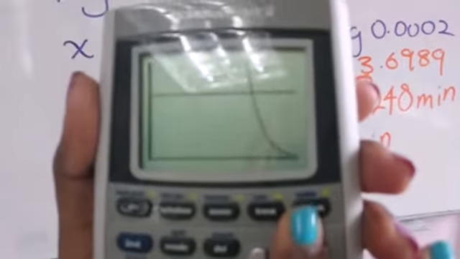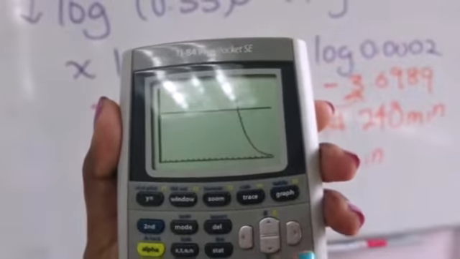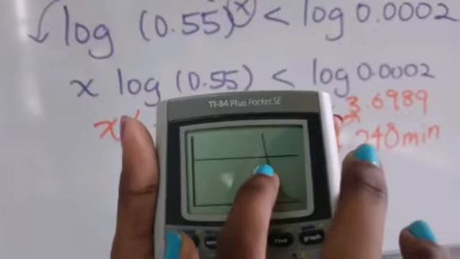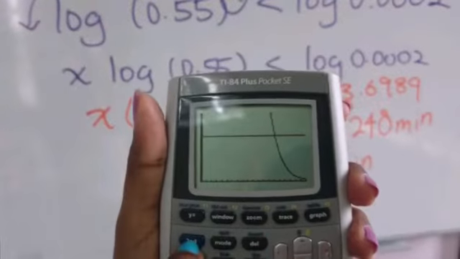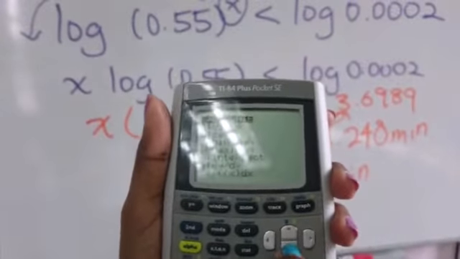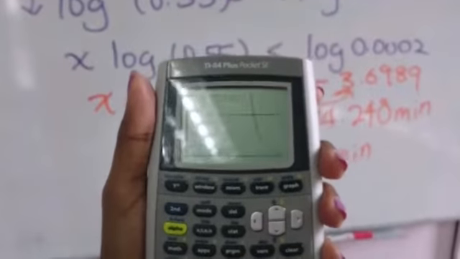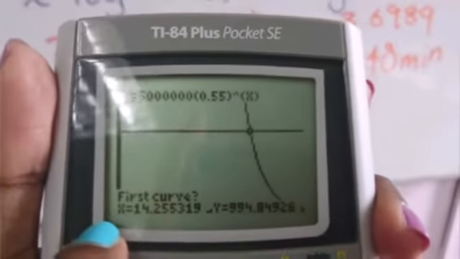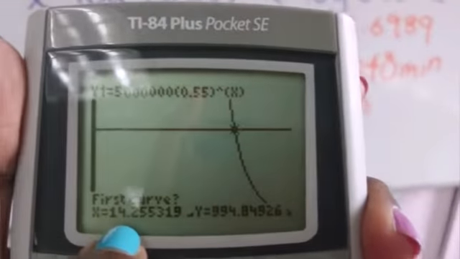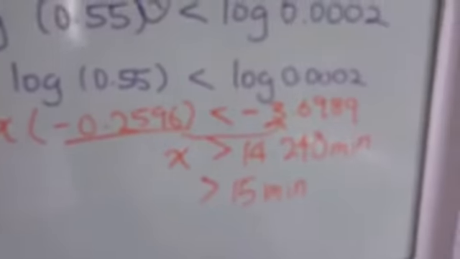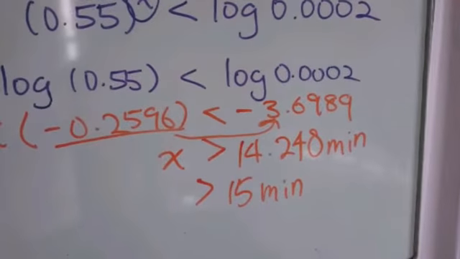Then graph. Our graph looks something like this. So to find x, we need to get the intersection point. To get the intersection point, you need to press second, calc, and then intersect number 5, then enter. You get the intersection point. So as you can see, x equals to 14.255319. It is near to 14.248, which means our answer is correct.